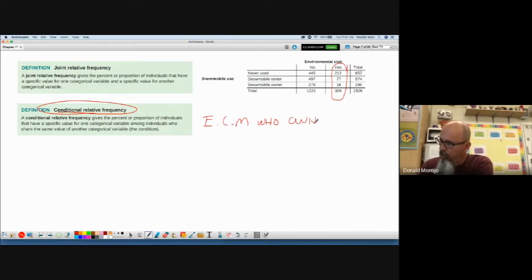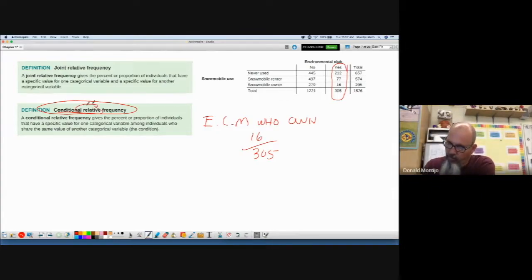Now the total is not 1526 anymore, not for a conditional frequency. The total is either the row or the column total. So for the environmental club members who own a snowmobile, we're only looking at environmental club members, 305. Of those, 16 own snowmobiles.